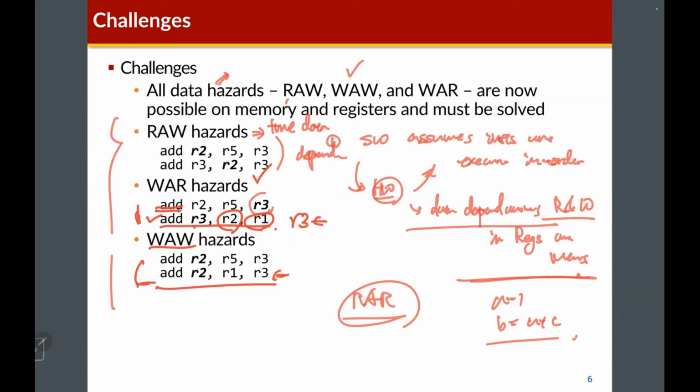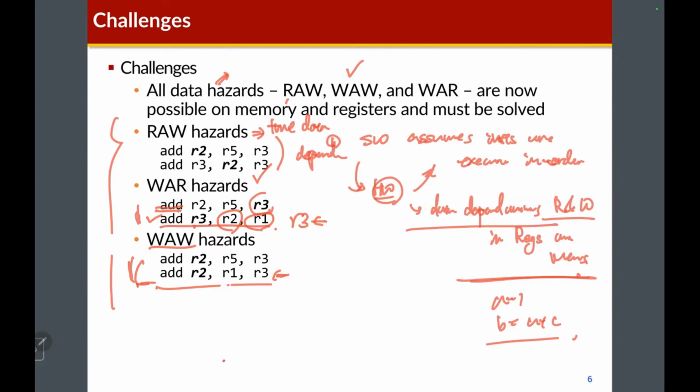We assume that when these instructions are executed, R2 has the result of R1 plus R3. But when the execution order is reordered, R2 may have R5 plus R3 after these instructions. So we also need to maintain the order of data writes.